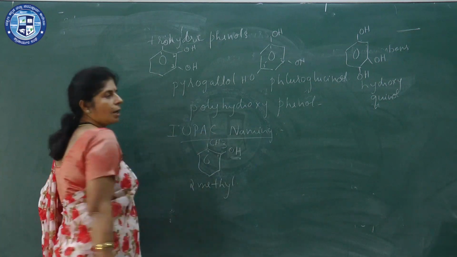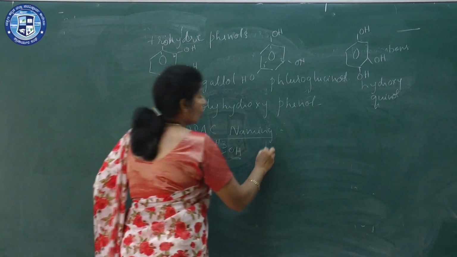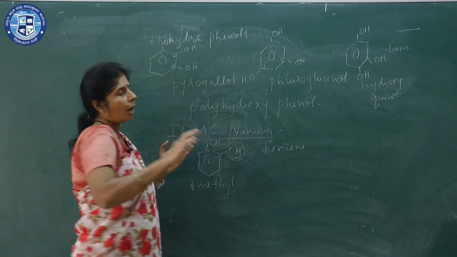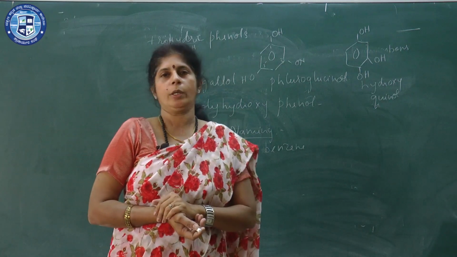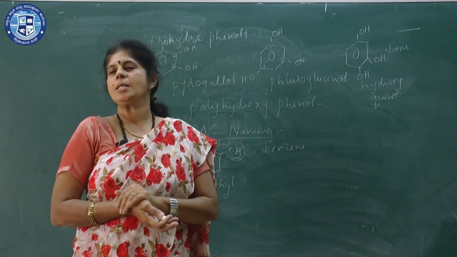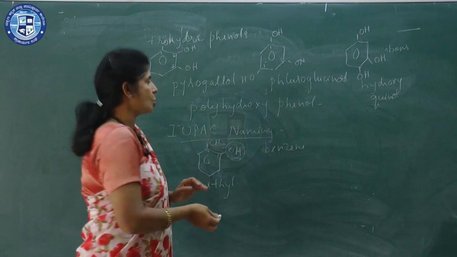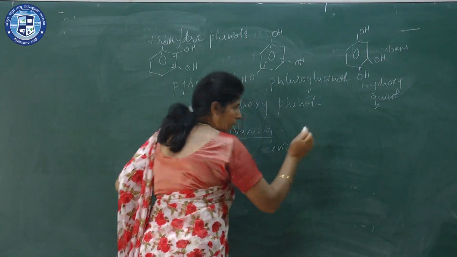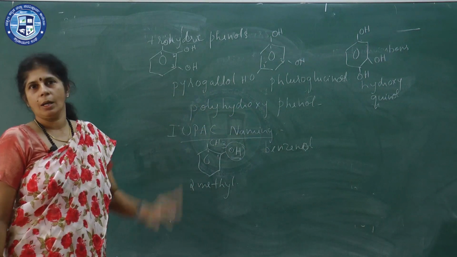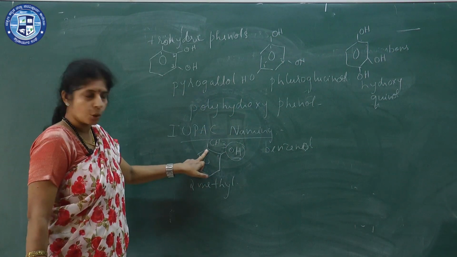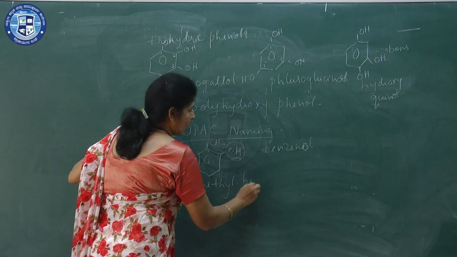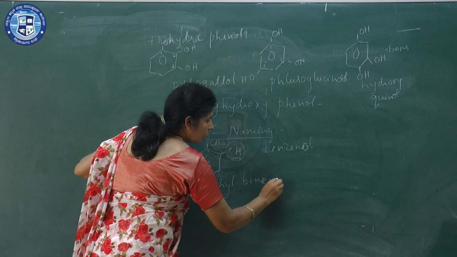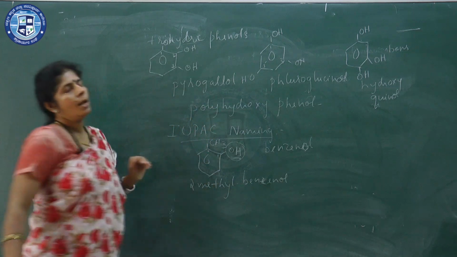All phenols are derivatives obtained from benzene, and the OH group is almost like the alcoholic OH group. So we replace the 'e' by 'ol', and that becomes benzenol. So the name becomes 2-methylbenzenol.